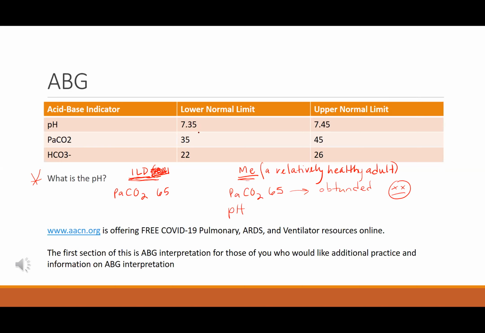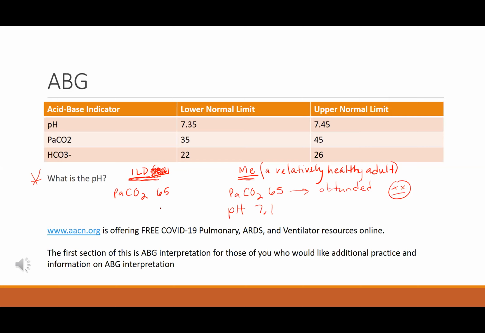And when I look at the pH for me, it's going to support that. My pH, if my CO2 were all of a sudden 65, would probably be pretty low. So if we look at normal values, our PaCO2 is somewhere between 35 and 45, pH somewhere between 7.35 and 7.45. So at 7.1, I'm pretty far below the normal limit, and I'm probably not doing so well.